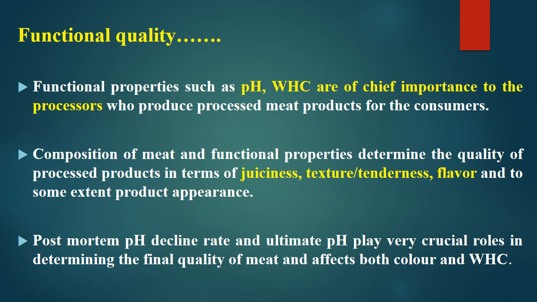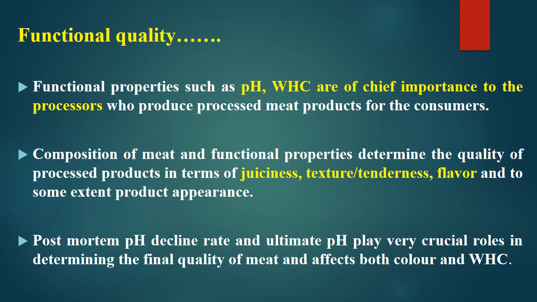Moreover, the pH and water holding capacity are also important for fresh meat. When it is cooked, the actual juiciness depends on the pH and water holding capacity. So post-mortem pH decline rate and ultimate pH play very crucial roles in determining the final quality of meat and affect both color and water holding capacity.